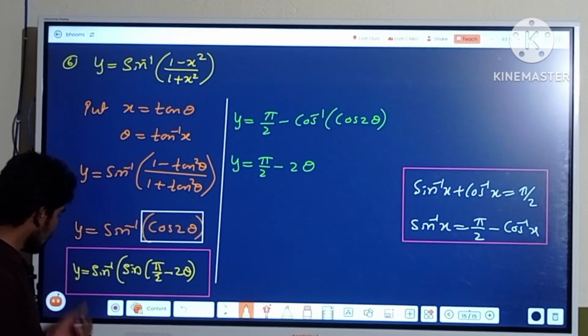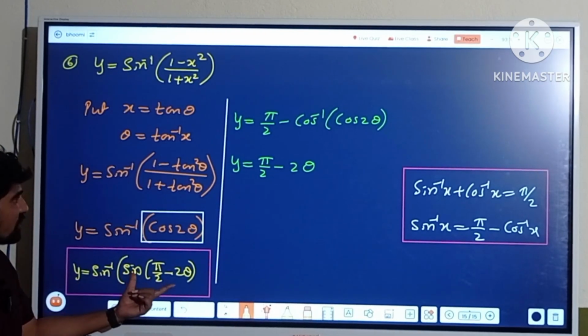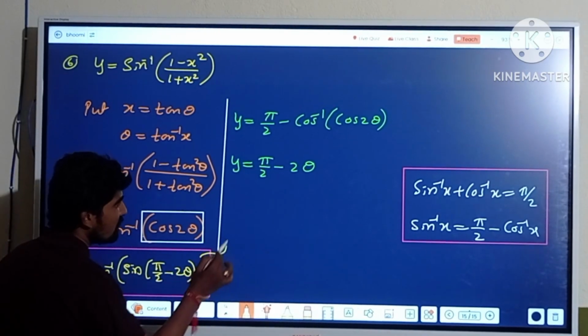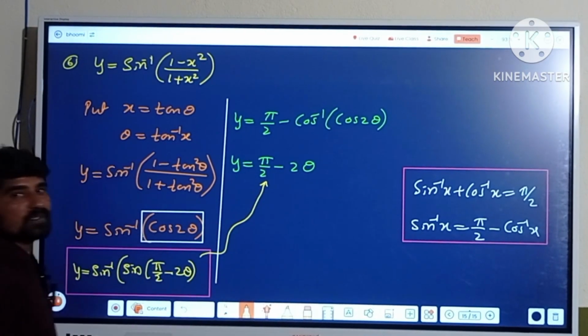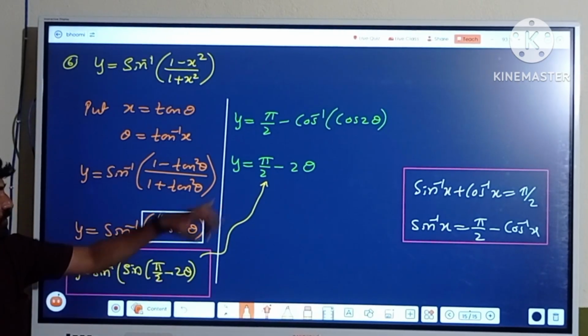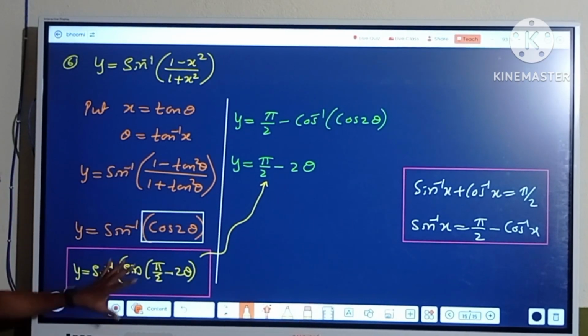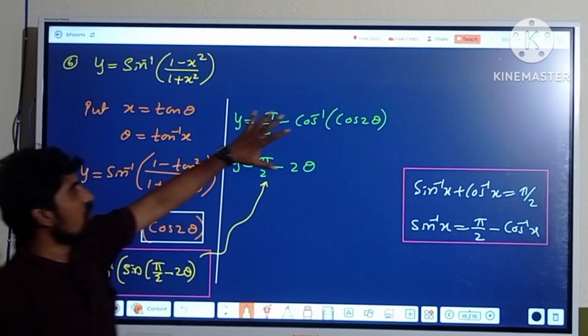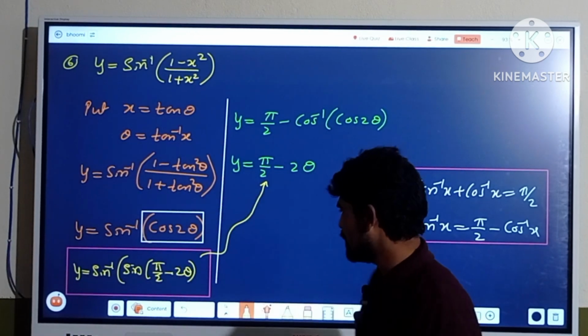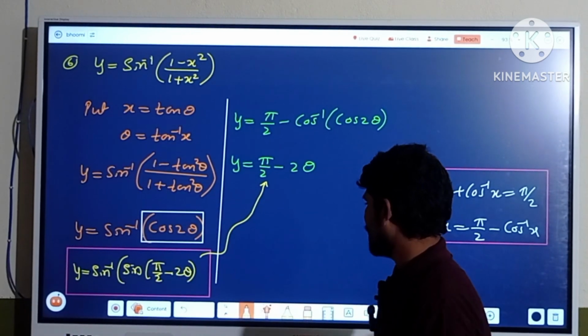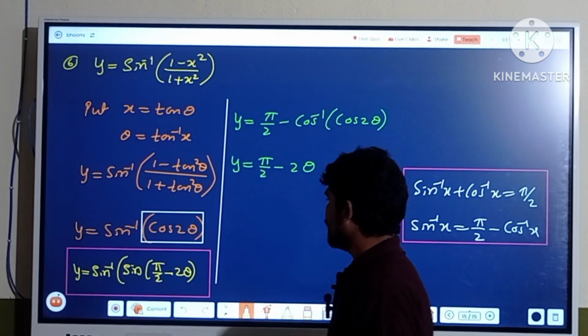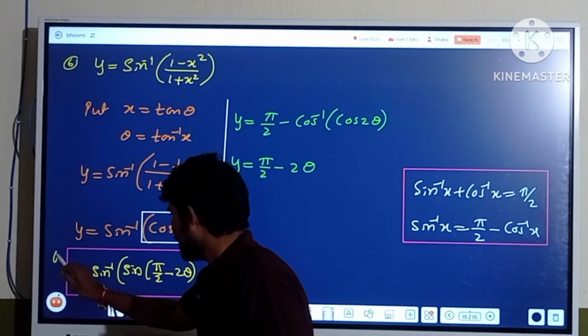Now this can also be written as y equals sin inverse of something. What is something here? Pi by 2 minus 2 theta. So you may follow this method or that method, both are the same. You can follow whichever is easy for you.